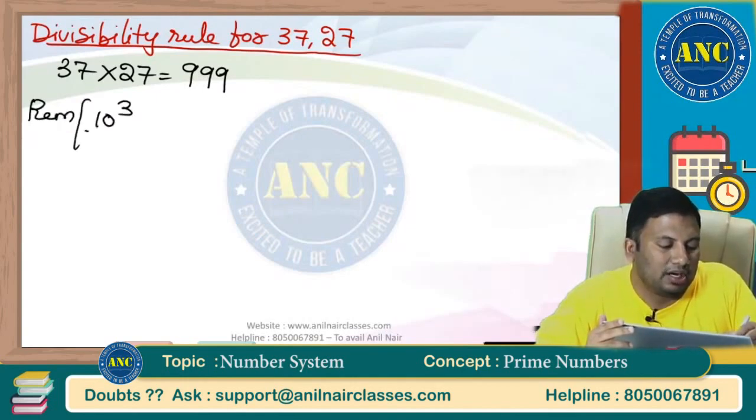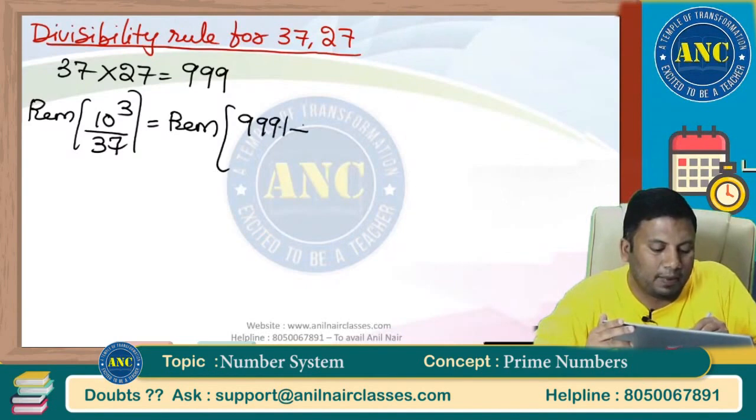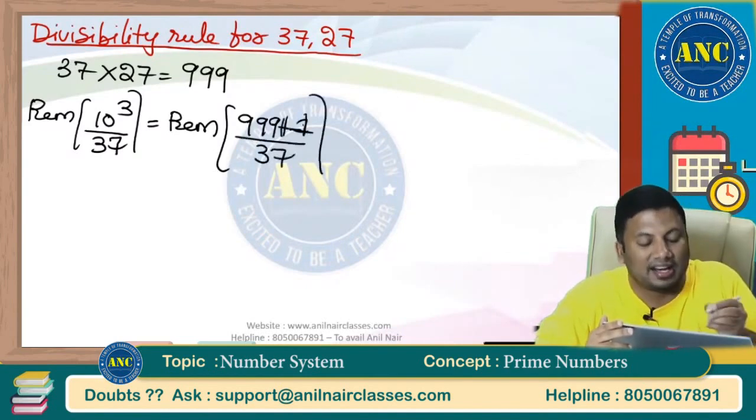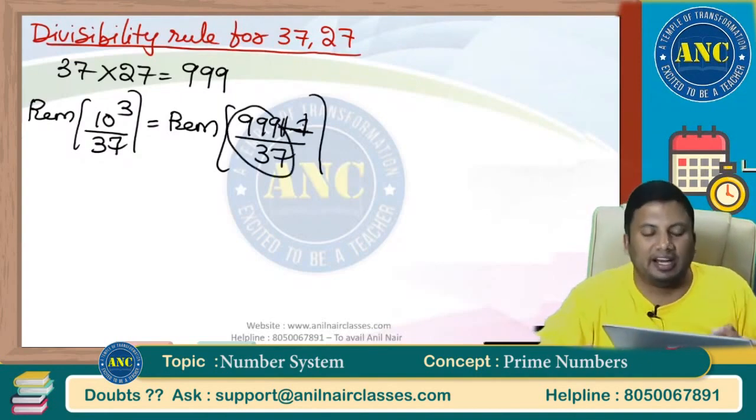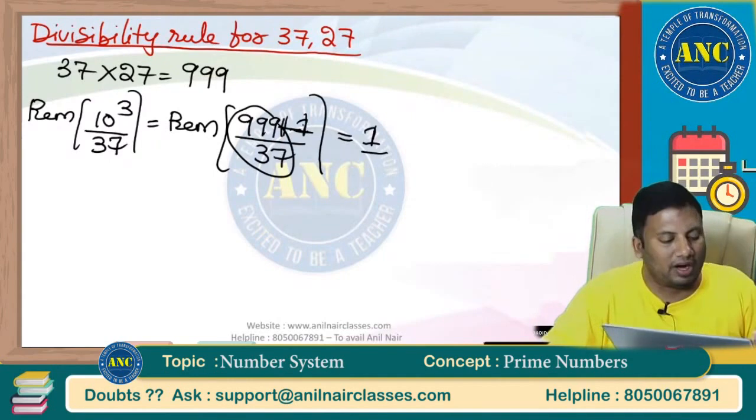10 cube divided by 37. 1000 divided by 37 is nothing but 999 plus 1 divided by 37. 999 is perfectly divisible. The remainder is nothing but 1.